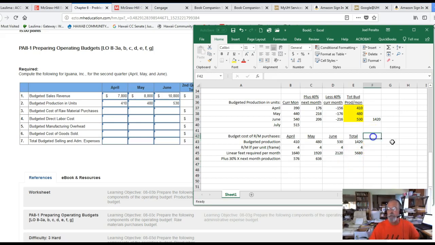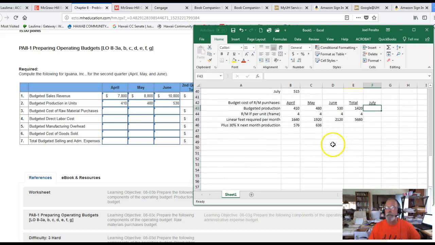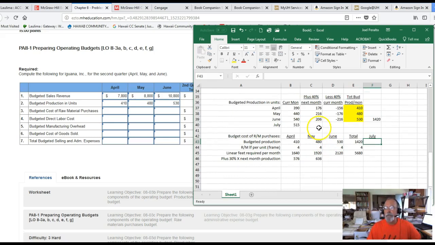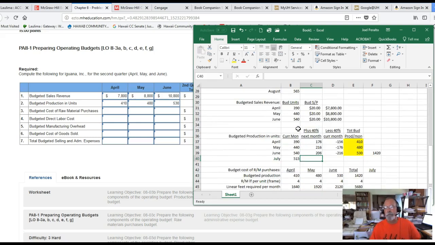and then we need to show July. We didn't calculate July. We need to calculate July. So let's do that here. Plus 40% of next month. Now we're going back to the previous calculation, budgeted production in units.